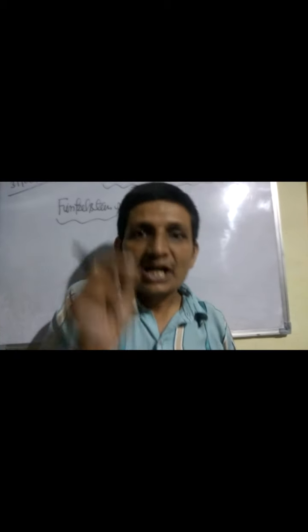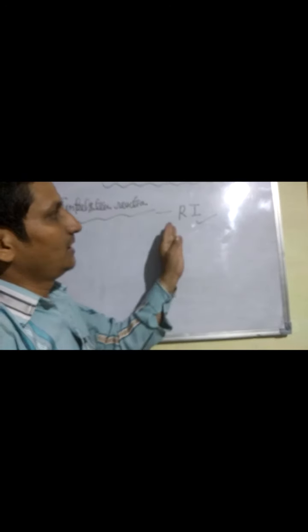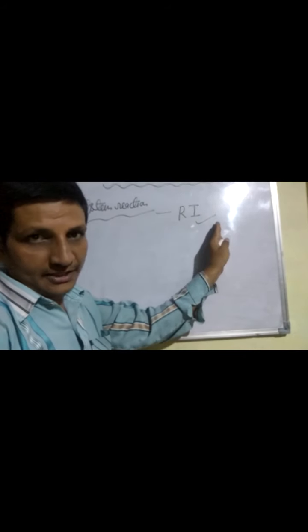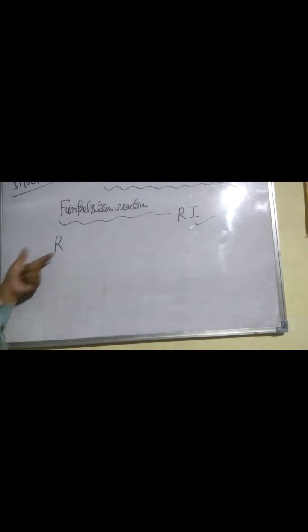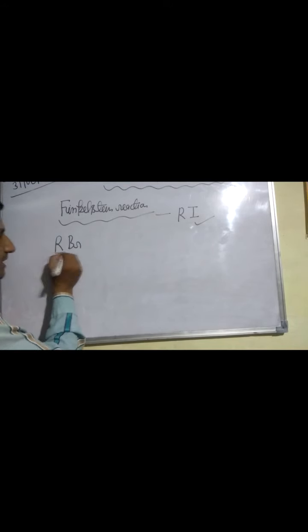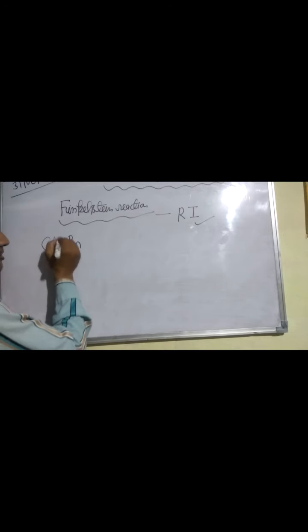Alkyl iodides are prepared by this method, like methyl iodide, ethyl iodide. So for alkyl halide, especially we can take here RBr, or in the place of R we can take C2H5. So this is called ethyl bromide.